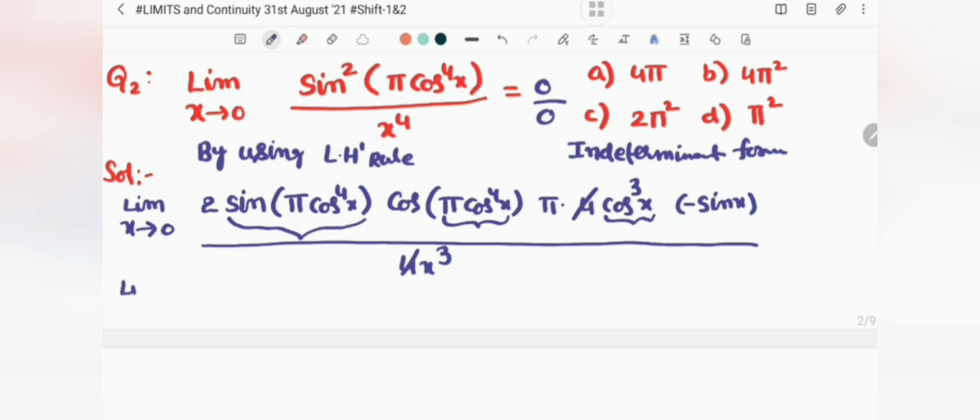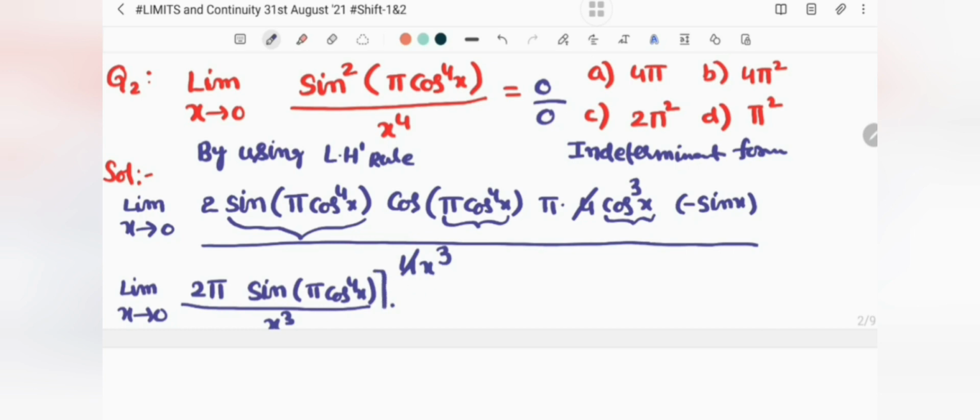Observe here, logically I am writing limit x tends to 0. 2 pi constant, here only you can write it, 2 pi sin of pi cos power 4x divided by x cube. The rest of the terms you can apply limit. So limit x tends to 0 cos of pi cos power 4x, that is one function.